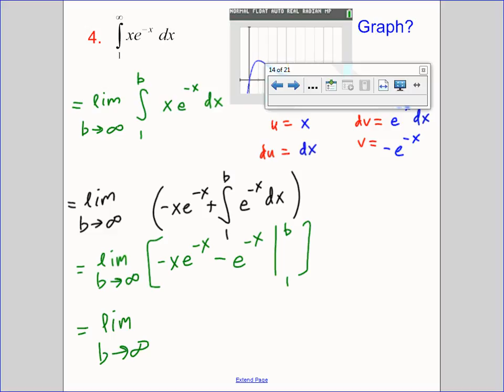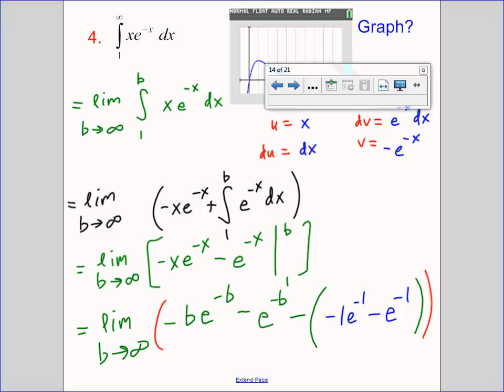So I get negative b e to the negative b minus e to the negative b minus, all the way through, 1 goes to negative 1 e to the negative 1 minus e to the negative 1. And we want to evaluate the limit as b goes to infinity of that whole shebang.